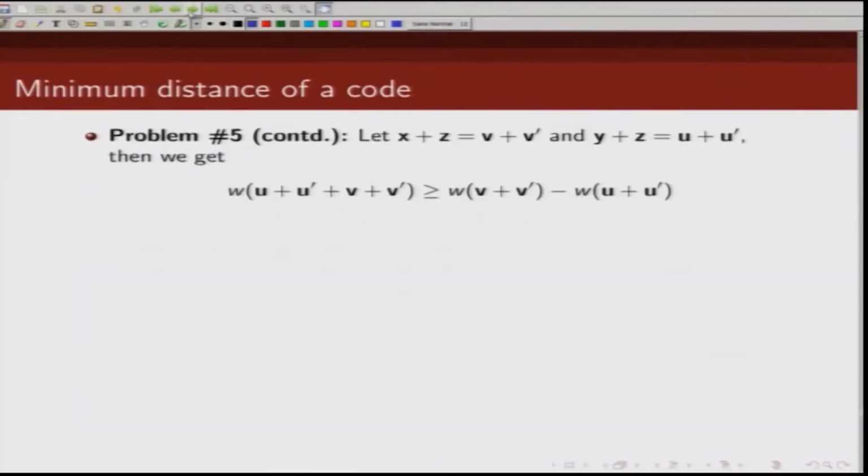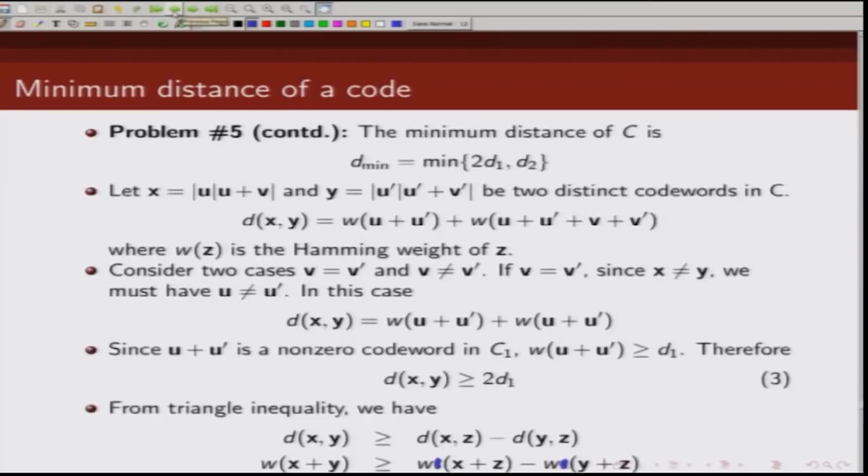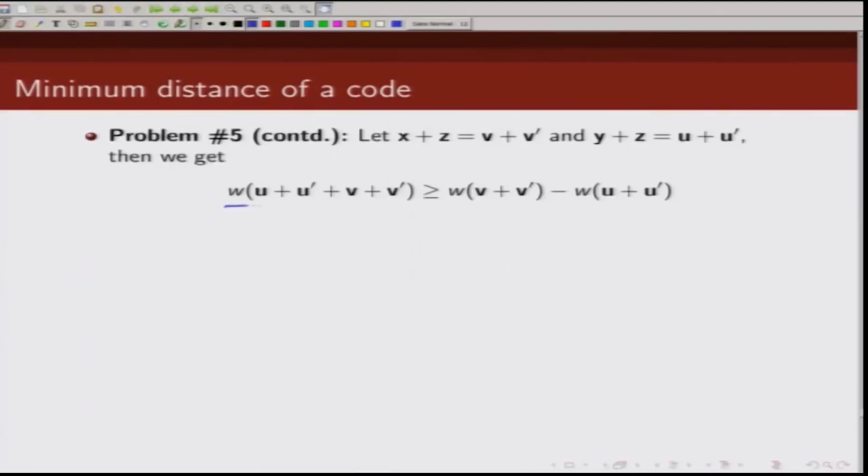So, what is x plus y? x plus y would be v plus v prime plus u prime. So x plus y is basically u plus u prime plus v prime. From here, the weight of x plus y is given by this.